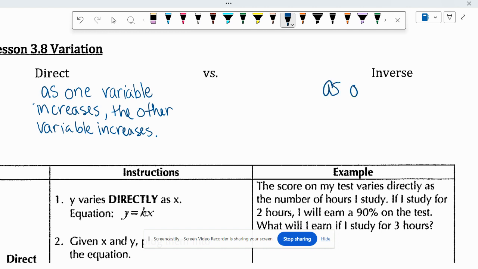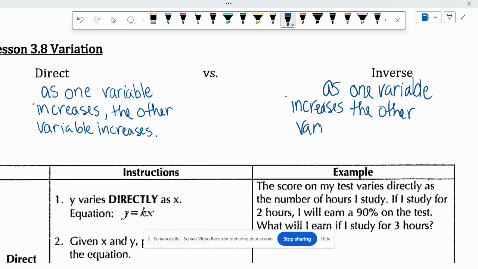So inverse, as one variable increases, the other variable decreases. Okay.